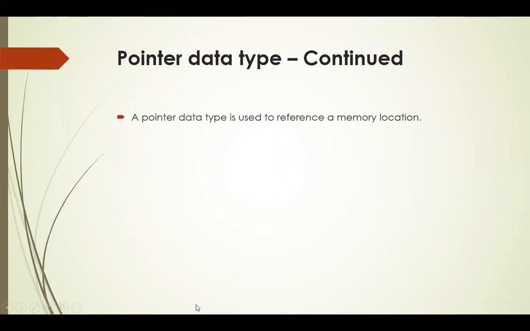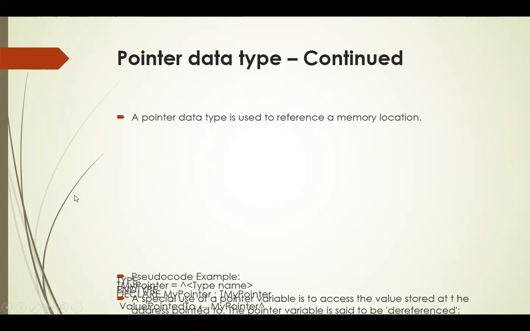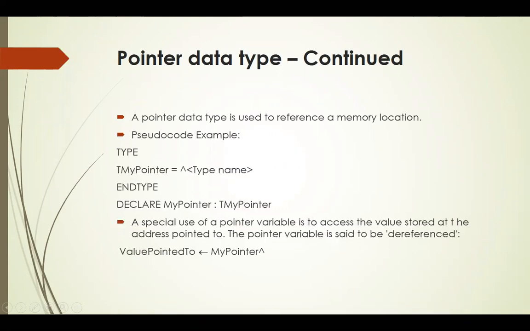Now, where is a pointer data type usually used? First of all, it is used to reference a memory location. The way to write that in pseudocode is this. First, you declare a type, you make a type of pointer variable.